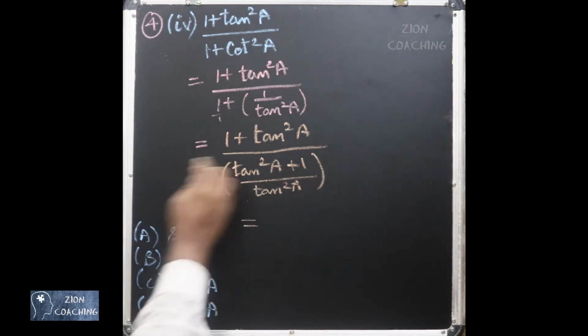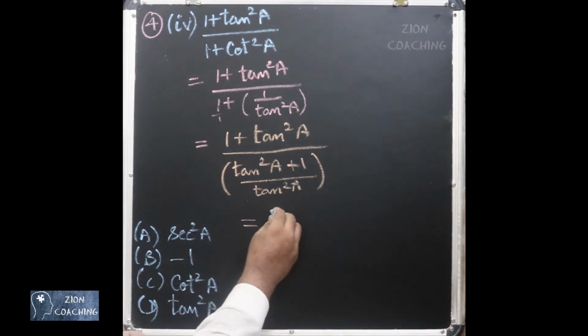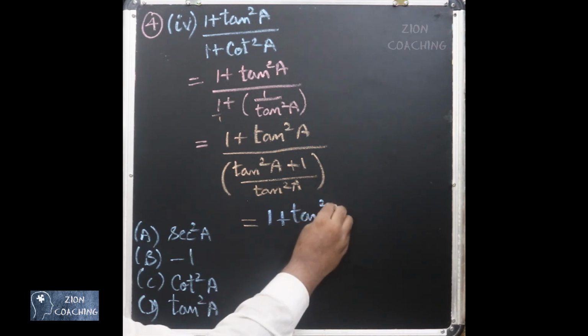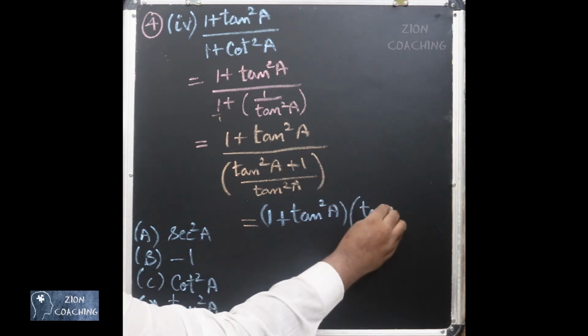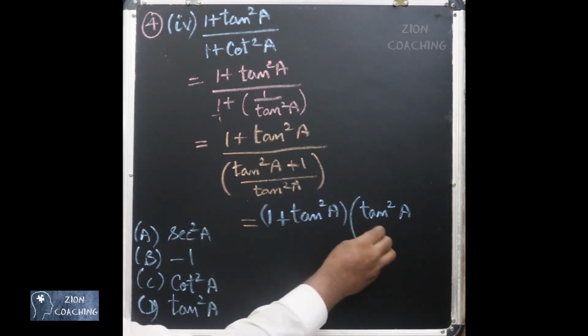Now when you take this to the numerator, you will have 1 plus tan squared A into this tan squared A, which will go to the numerator, because when you take it to the numerator it will become upside down.